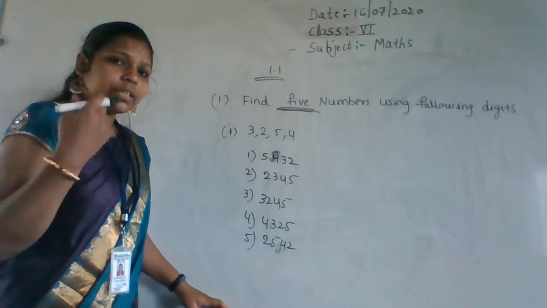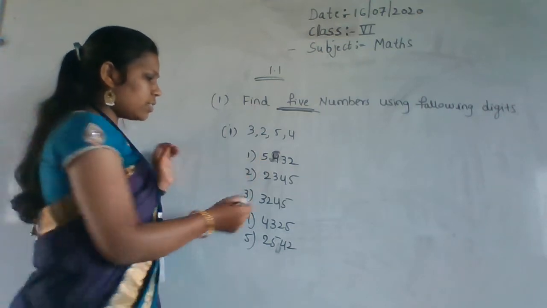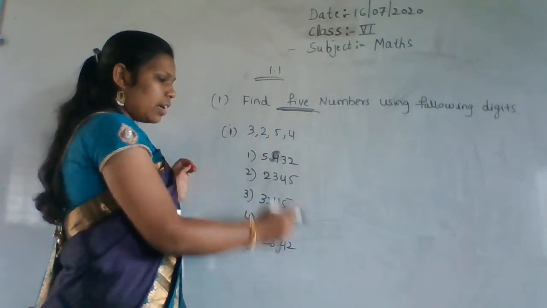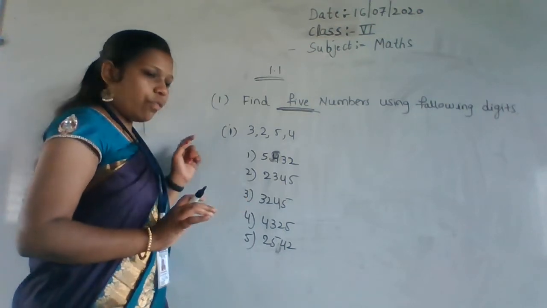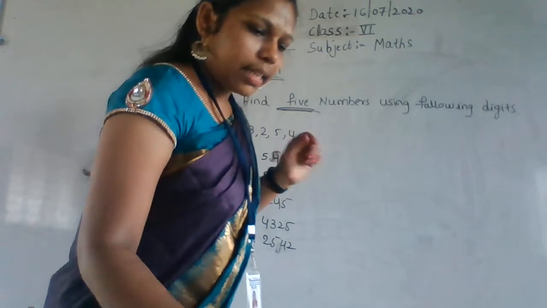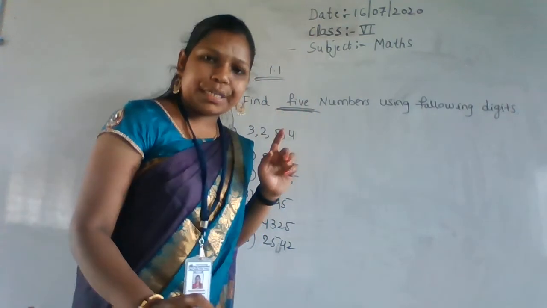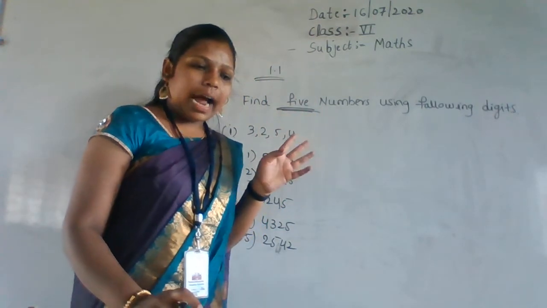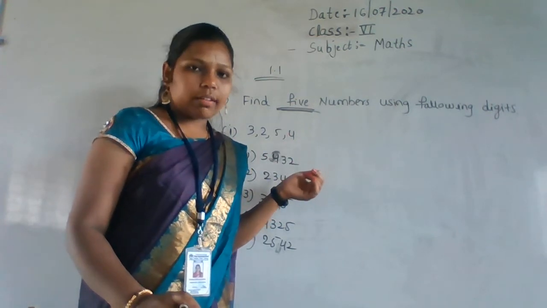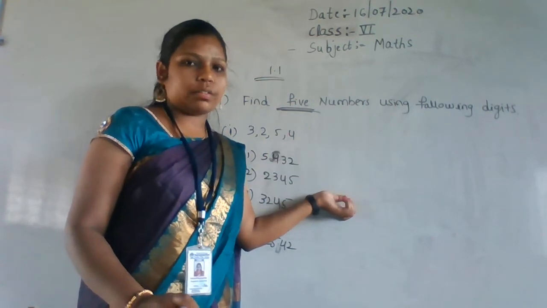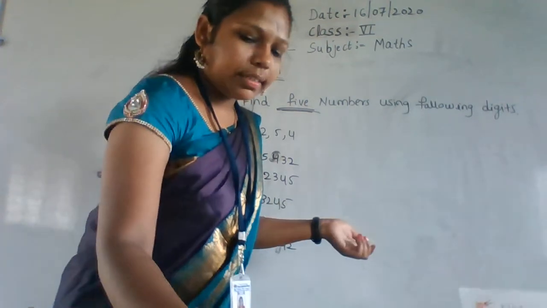You have to write it in your own way. Just exchange the numbers here, then form the 5 numbers. This is the first example and another 3 are there. You have to do it in your home, those 3, and in the next class I will show. We'll solve another 3 also. So that is the homework.